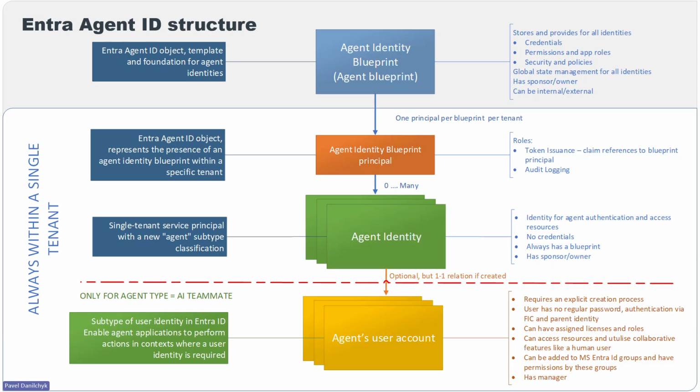Also, this account doesn't have any regular credentials such as a password. Authentication happens via federated credentials and the relationship with the parent identity, our agent identity, and goes from bottom to top.